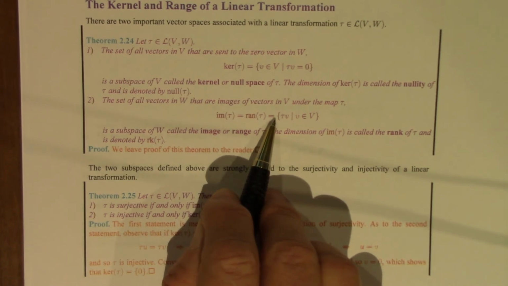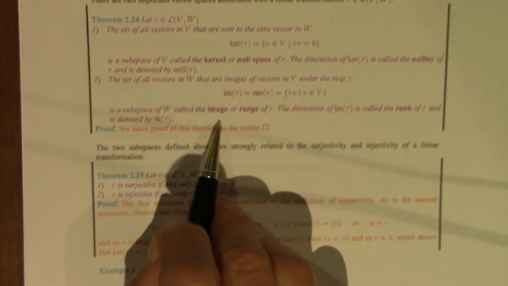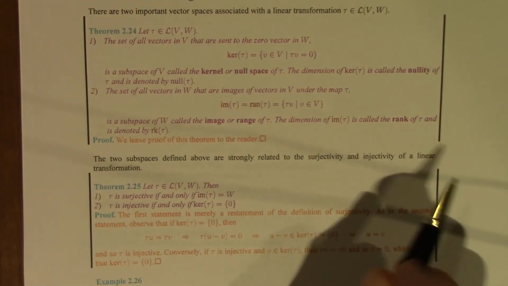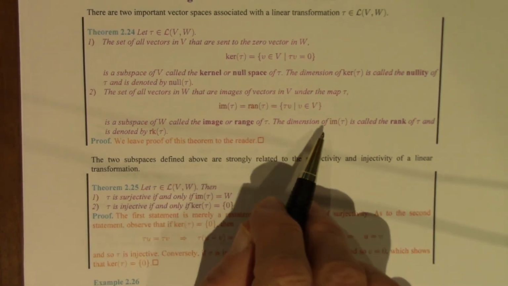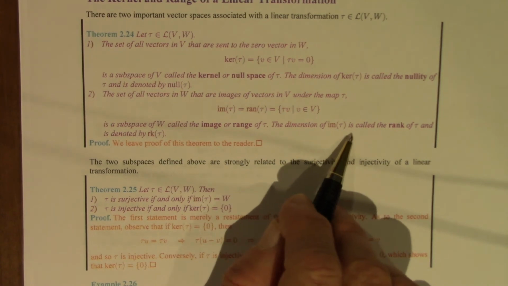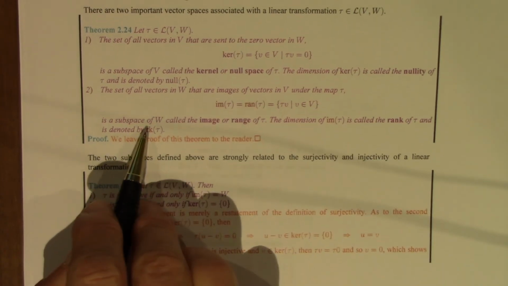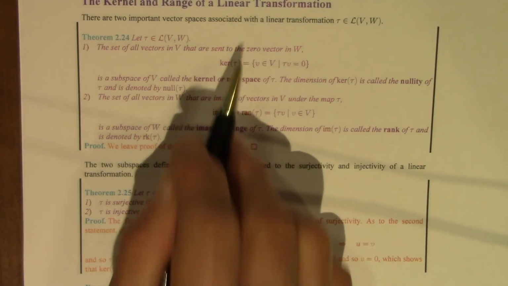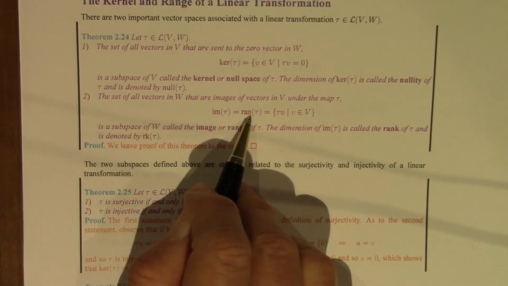Doesn't matter whether linear or not, this concept is defined for all functions. So we call that the image or the range of tau. And the dimension of the image of tau is called the rank of tau, and I'll denote that by rk of tau. So we have the kernel and we have the image, also known as the range.